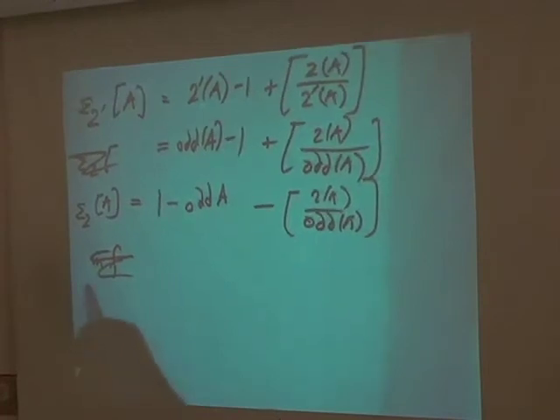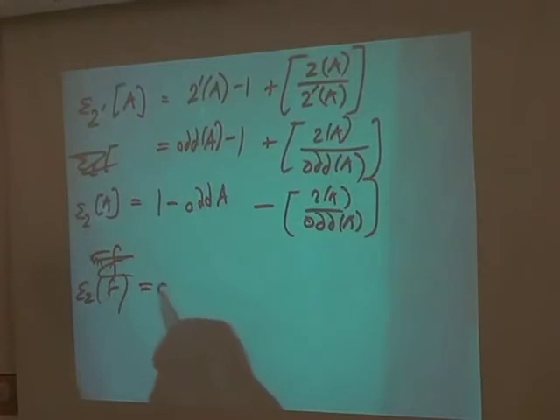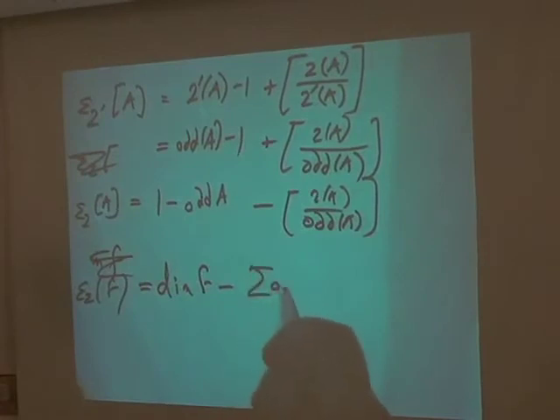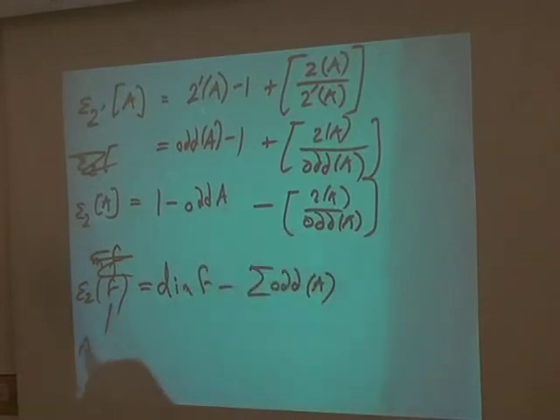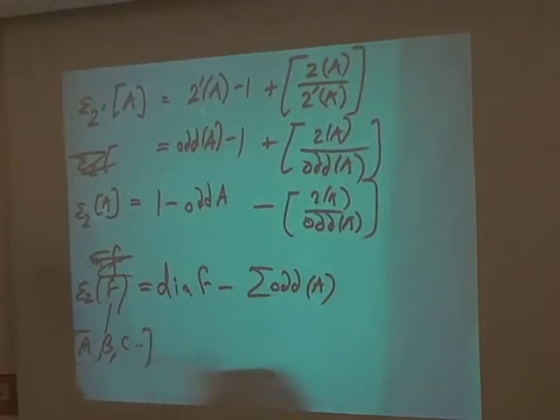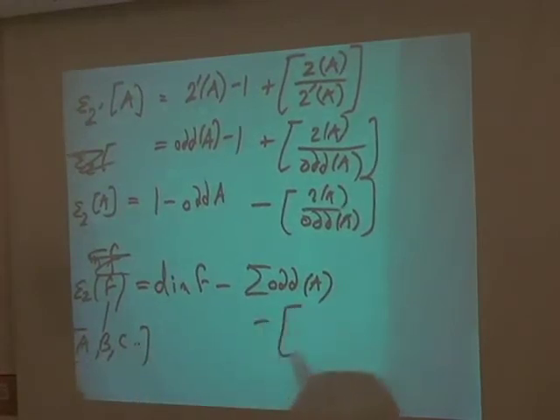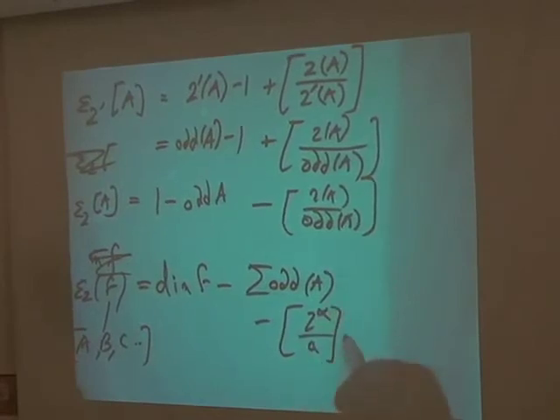So epsilon 2 of f is the dimension of f minus the sum of the odd parts of the various terms, so f is supposed to be the diagonal form a, b, c, minus 2 to the alpha a. So, well, okay, let me say what it is.